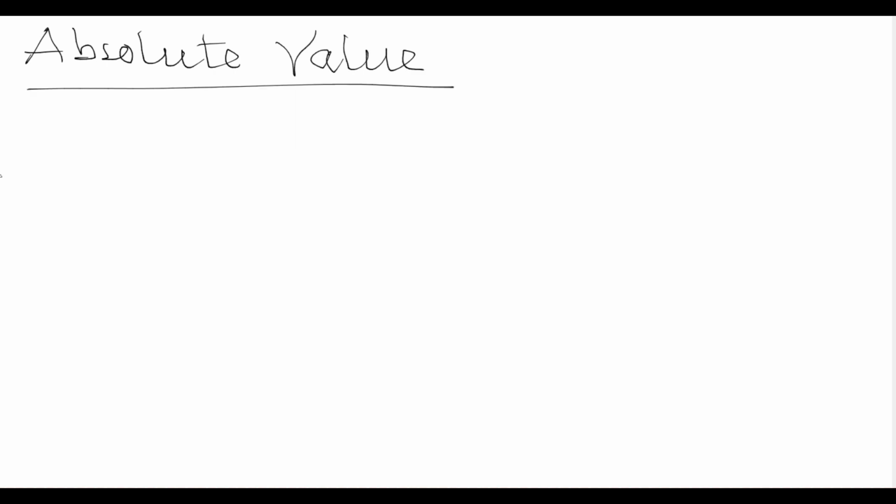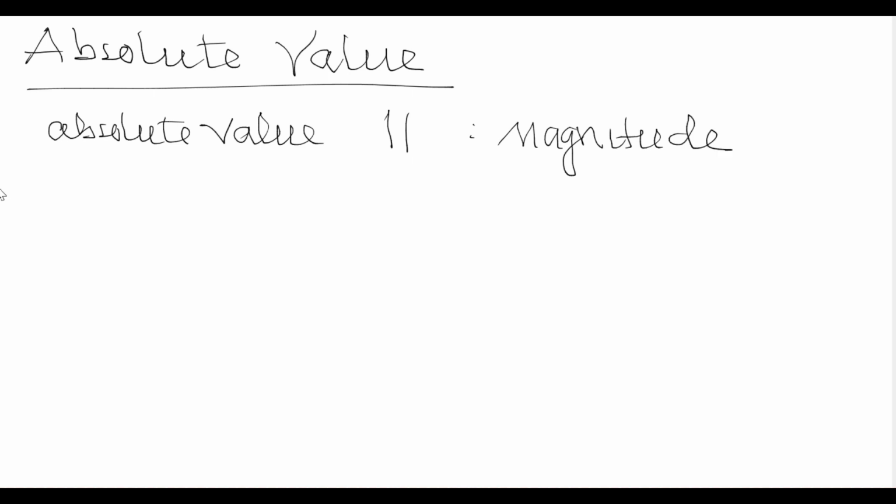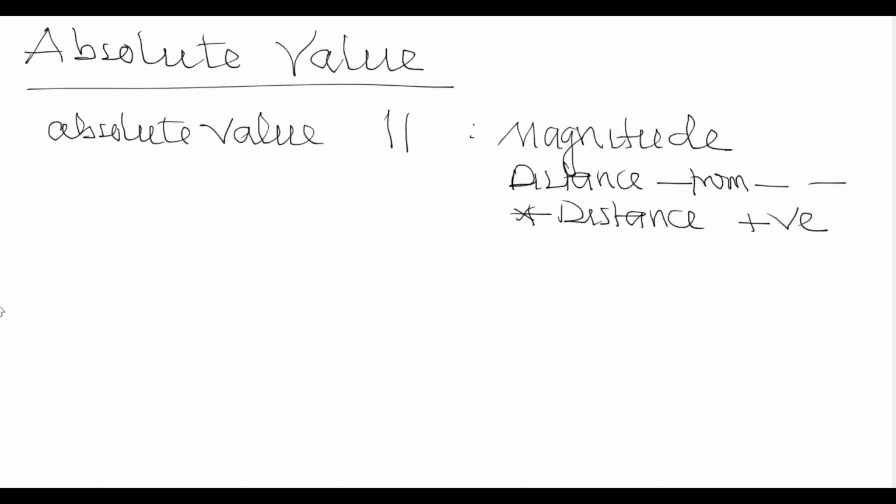Then the absolute value, this is what we use for magnitude, because magnitude cannot be negative, so the distance cannot be negative. Two straight lines like that represent the magnitude or the distance. So it's from one point to the other. This is also something that we need to be able to understand. Distance is always positive.